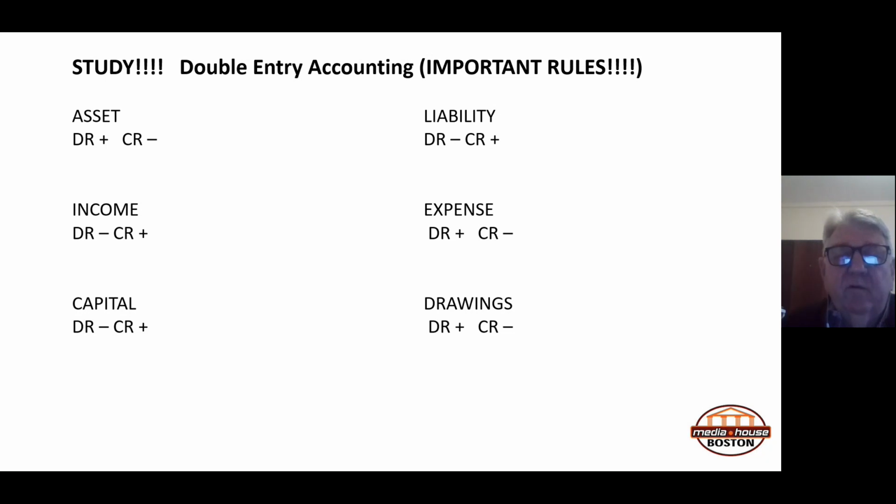Okay. If I credit this account, it will reduce it. Drawings, that is the goods or money that the owners take out of the business. So if we debit that, it increases, and if we credit it, it decreases. Okay, so those are the most important rules of the double entry system.